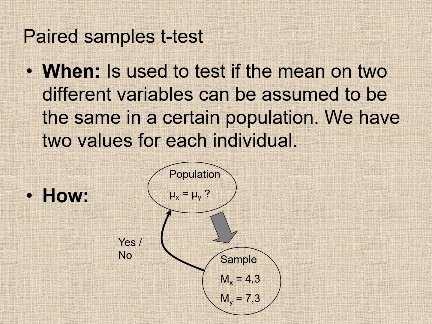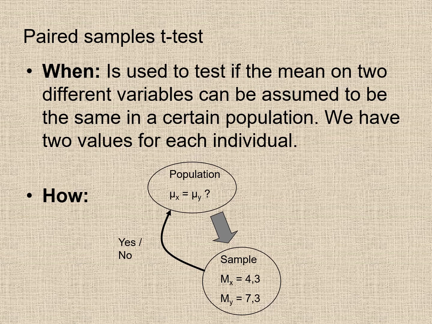For instance, here we have two values per individual, and on the x variable we have a sample mean of 4.3, and on the y variable a sample mean of 7.3. From these data, we want to estimate if the population that the sample is representing can be assumed to have the same population mean on the two variables.